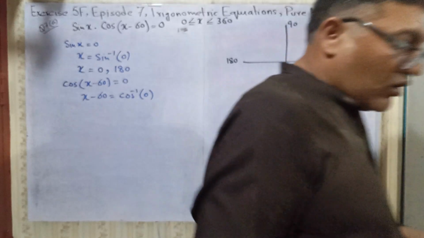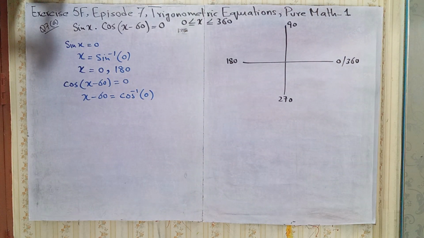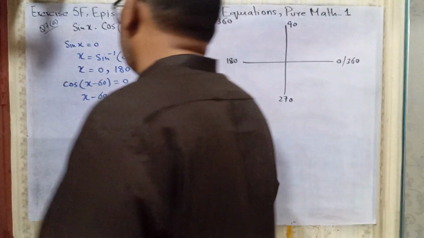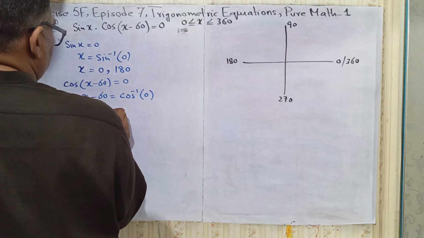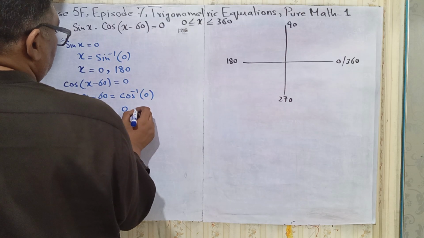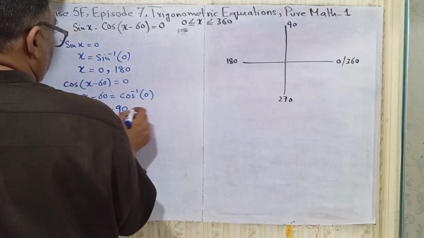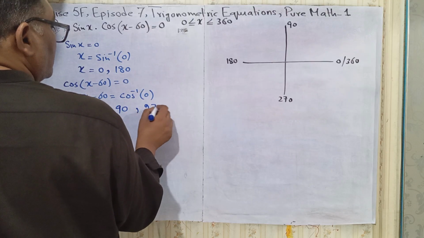Okay, the cos is 0 at two places, the cos is 0 either at 90 or the cos is 0 at 270. So that means x minus 60 is equal to 90, or it can be equal to 270.